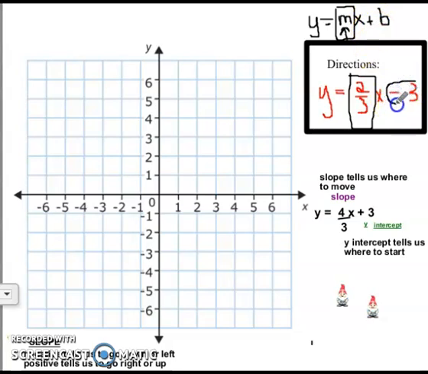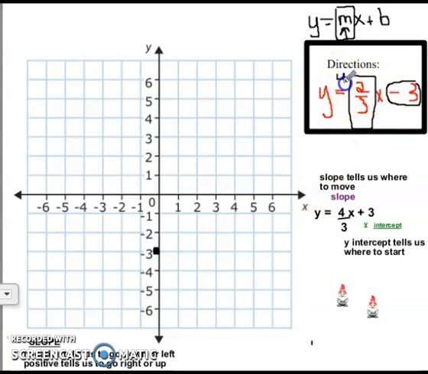I can see here this is in the b position. See, it comes after the x. So what do I have here after my x? I have a -3. First thing you do is look at your b part and say, oh, I'm going to put a point on -3 on my y-axis. The second thing you do is look at your slope.